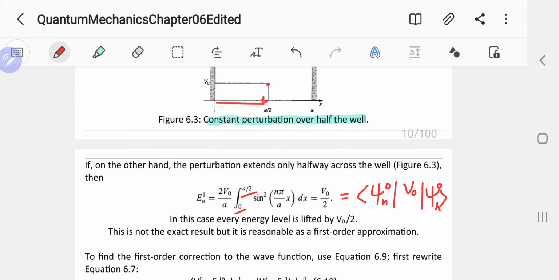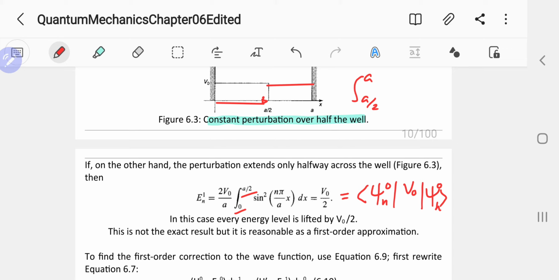If the perturbation is from here to this one, then the limit would be from a over 2 to a. And of course that will give you a different result, or maybe the same, but because of that limit you will probably have a different result.